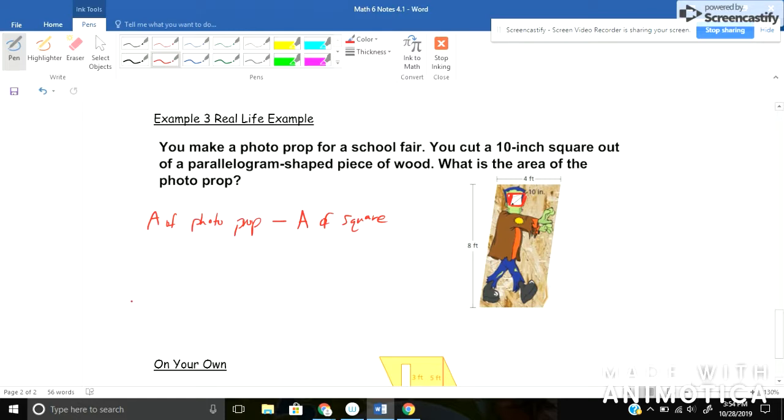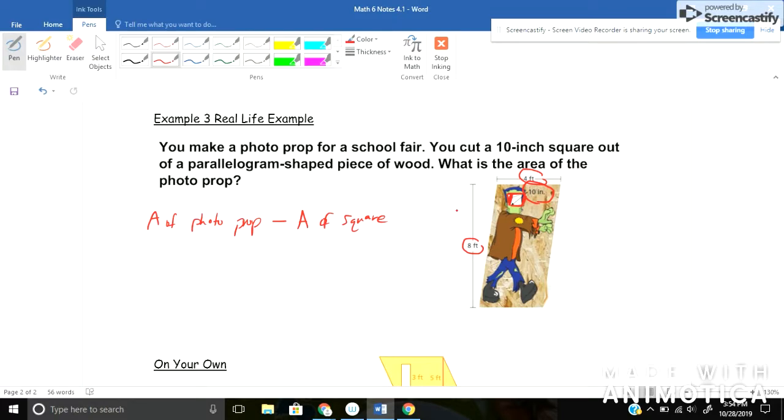Actually, you know what I see first is that my square is in inches and my photo prop is in feet. So what I think might be helpful is to convert first. Let's take our information that's in feet and convert it so that it's in inches.